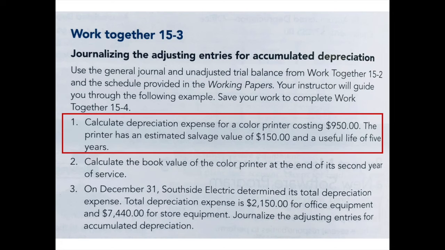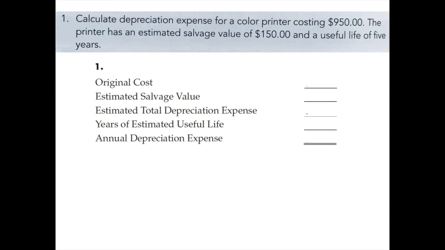Going to page 430 again, in your working papers, you should have a sheet that looks like this. So when we take the information there, our original cost is right up here, so that would be our $950. Our salvage value is right there, what we expect to get after we sell it. After we're done with it, $150 will be our estimated total depreciation.